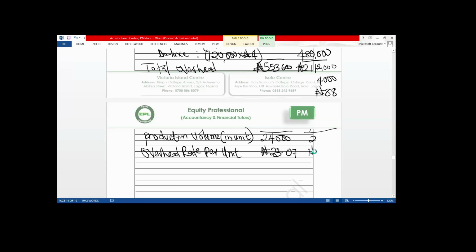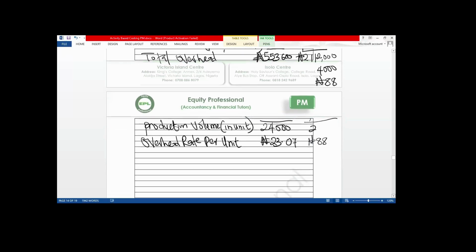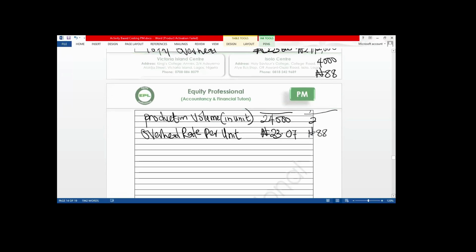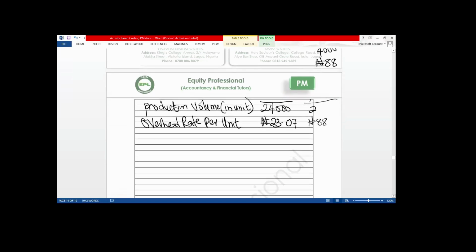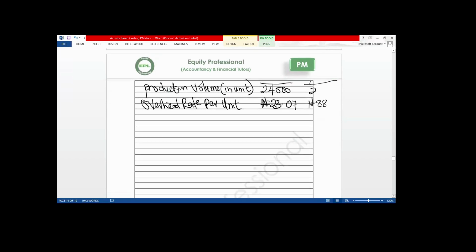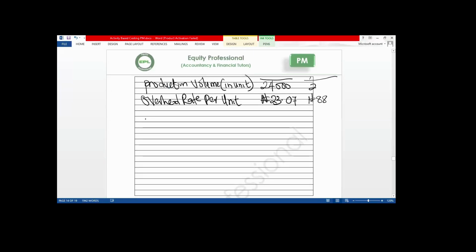This is 88 naira, because I inserted or copied a figure into it, so you have to shift that figure down. Now I can treat this. I will now take this as my E.